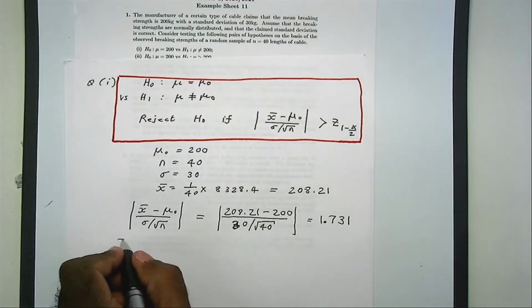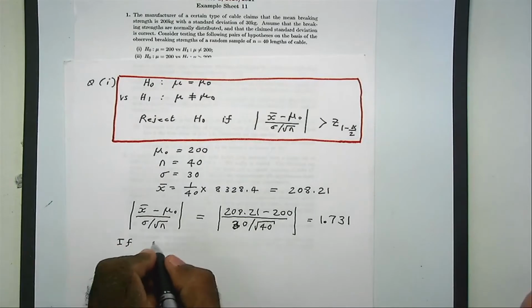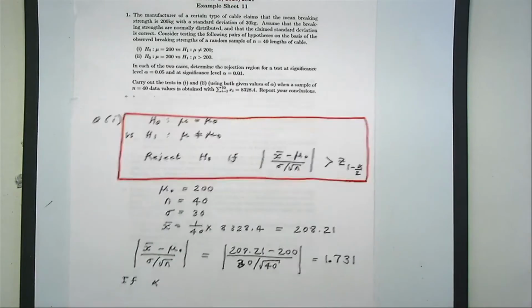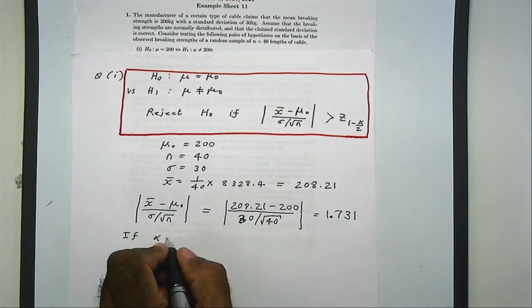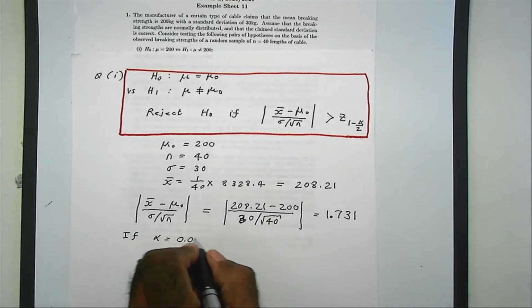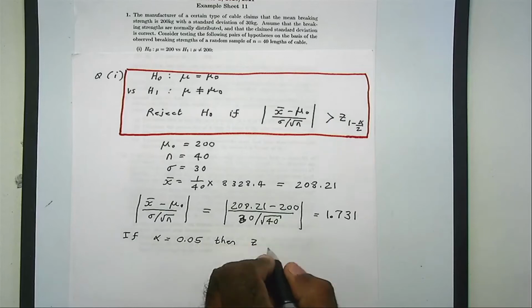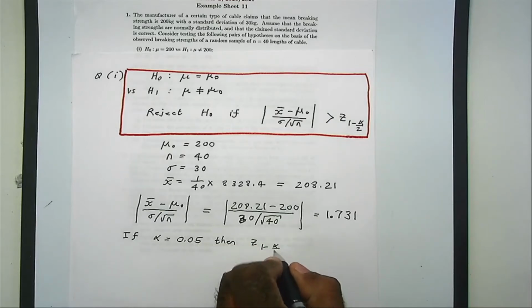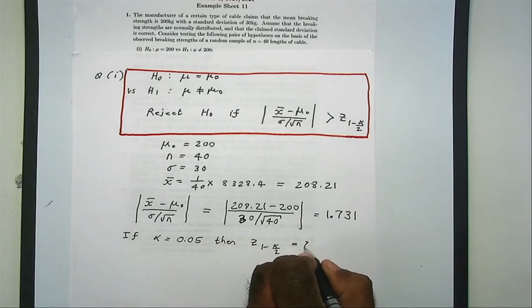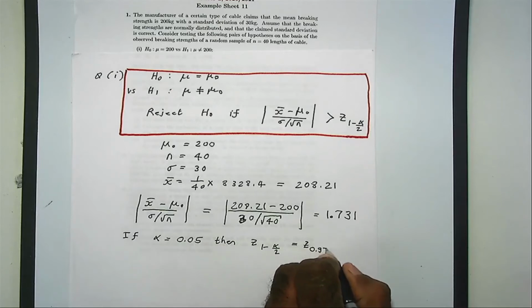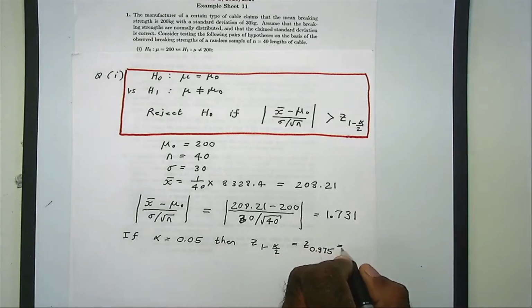Now, if alpha is 0.05, then the percentile value, which is z 0.975, is going to be equal to 1.96.